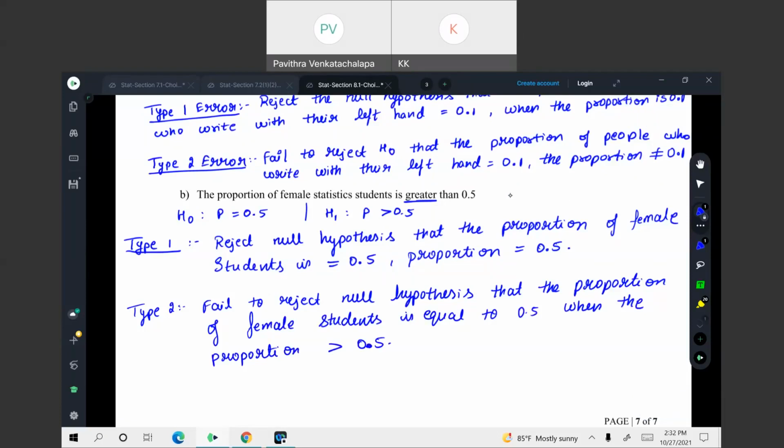Okay, so this is how you write the pattern.